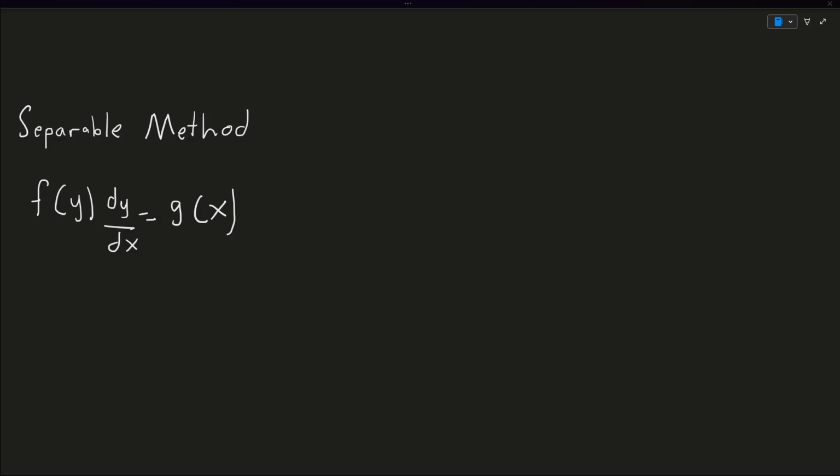We're going to have something like this. First of all, very importantly, we're going to have y prime. If you're doing the separable method, always treat y prime as dy over dx, okay? Use Leibniz notation. This is called Leibniz notation, and I will explain why.